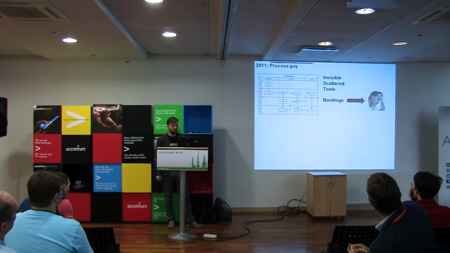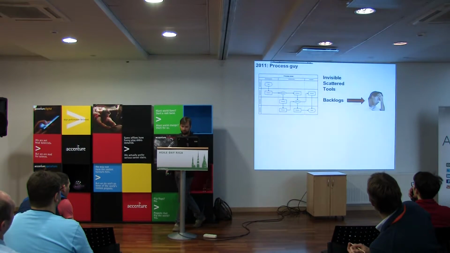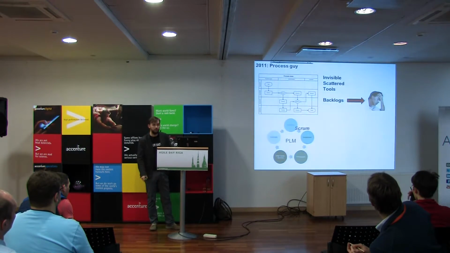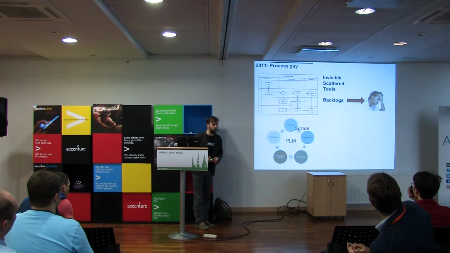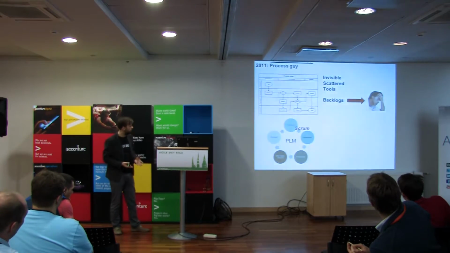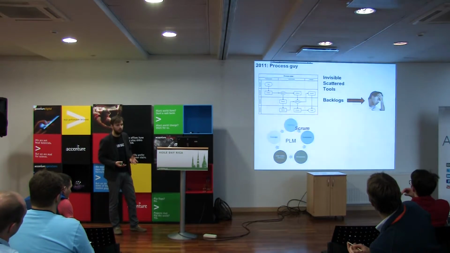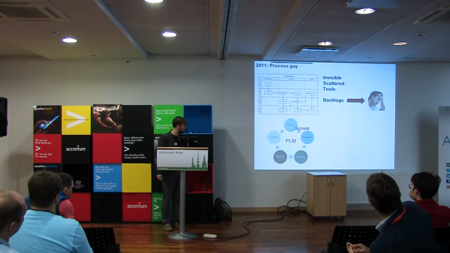The biggest headache was basically the backlogs. It was not really clear what is expected, what needs to be done. However, at the same time, we had, and we have it now, the product lifecycle management process describing the whole life cycle of the products, how they appear and how they disappear from the market, so to say.